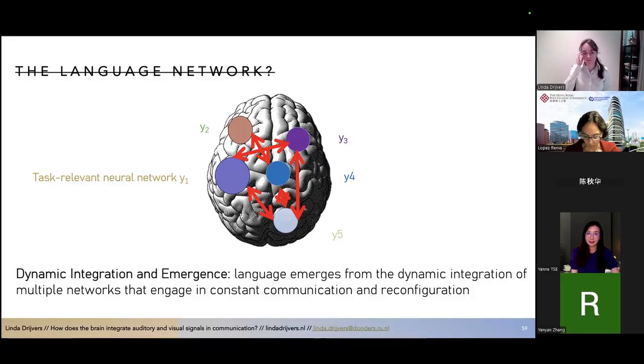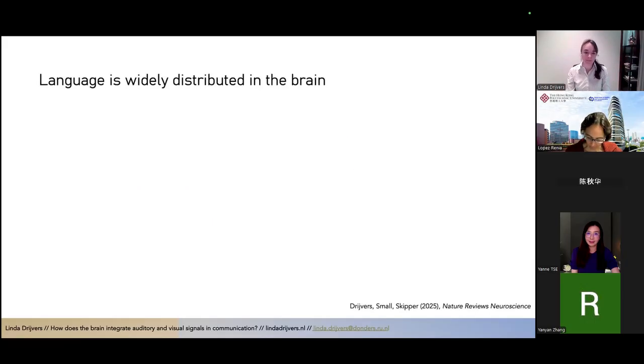So this framework, which we provisionally called Dynamic Integration and Emergence, we are looking for a better name because its abbreviation is DIE, and that's a bit aggressive, of course. It would state that language emerges from this interaction and that these networks are constantly in communication to reconfigure, to also make sure that you can take this context into account.